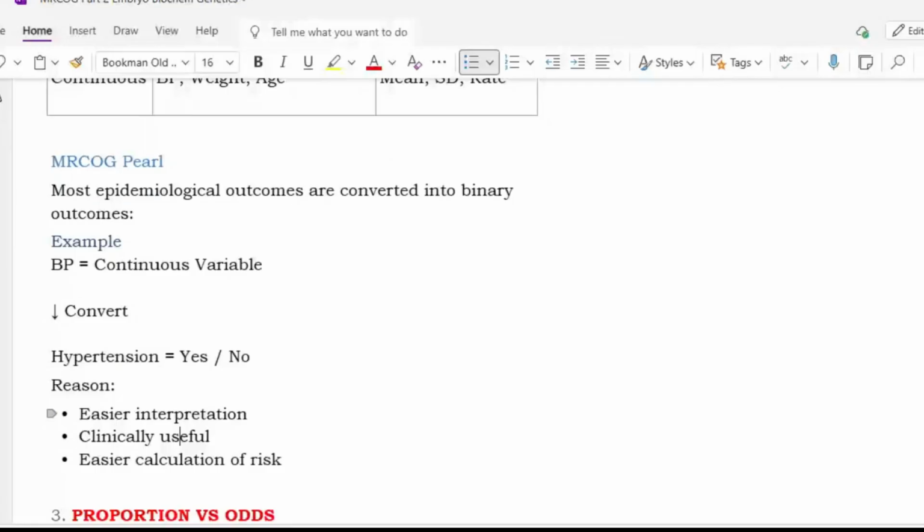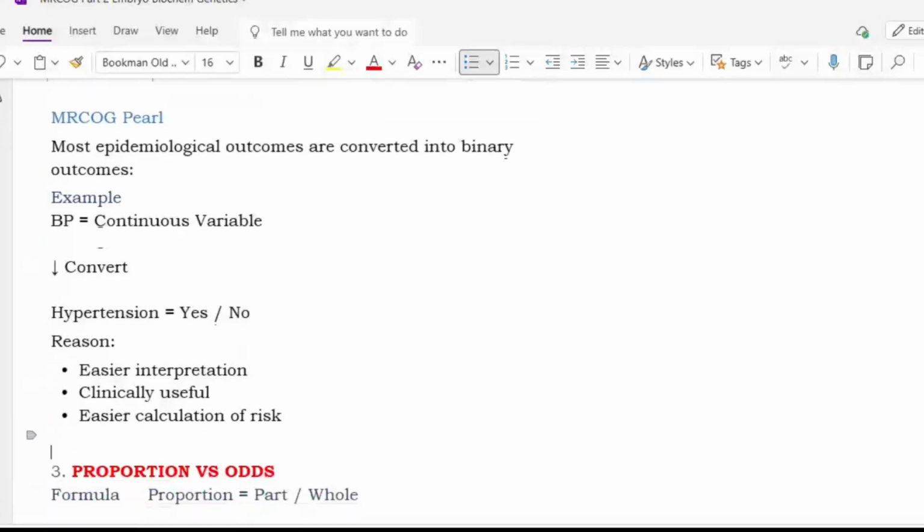Because it makes interpretation easier. This is clinically useful, and easier for calculation of the risk. So converting a continuous variable into a binary variable is useful and easier.